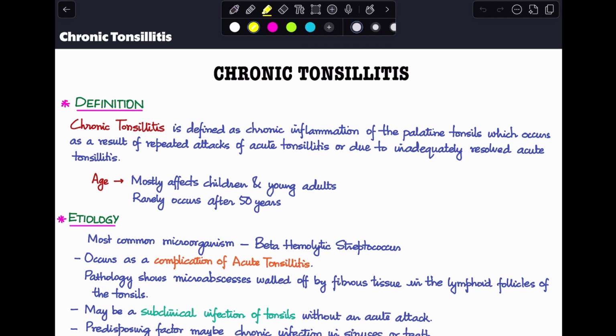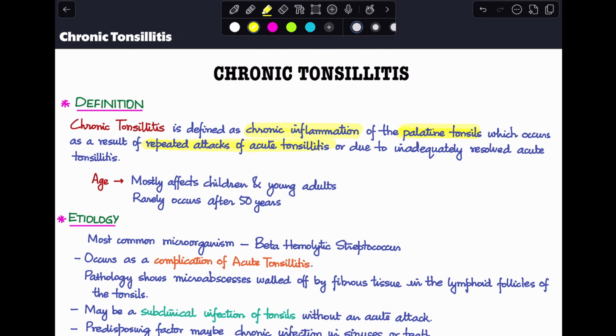So, what is chronic tonsillitis? As the name itself suggests, chronic tonsillitis is a chronic inflammation of the palatine tonsils, which occurs as a result of repeated attacks of acute tonsillitis, or it can also occur because of inadequately resolved acute tonsillitis.